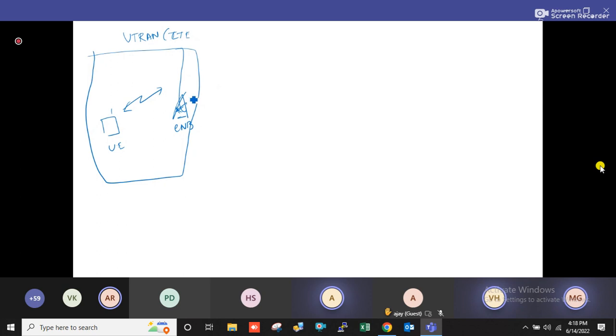Now this E node B, on one side, I just changed the pen. So you can see here, on one side, it is connected to MME. Why did I put it in a dotted line? Because this is purely taking care of signaling, or what we call the control plane.